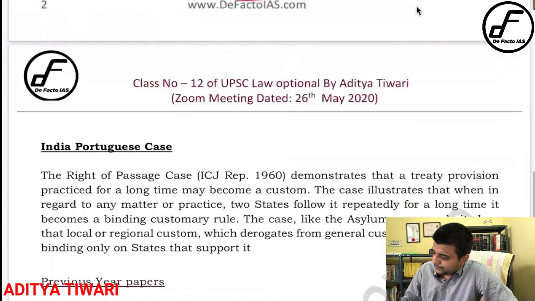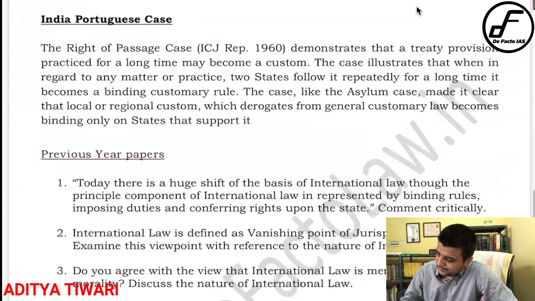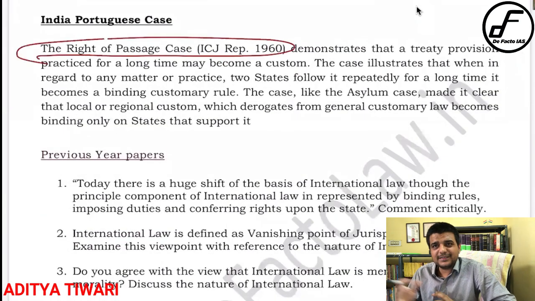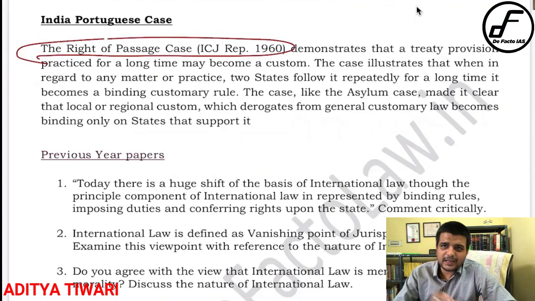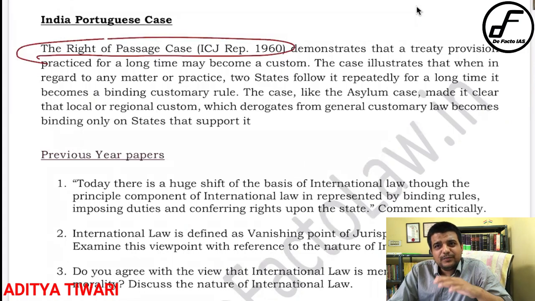Okay, now in the case of India, there was a very interesting case, Portugal versus India. In that, India basically won, and ultimately the Portuguese had to withdraw from Goa. Right? What was the crux of the case? It is not written here, let me tell you. Basically, from the Marathas, the sovereignty went to the Britishers.